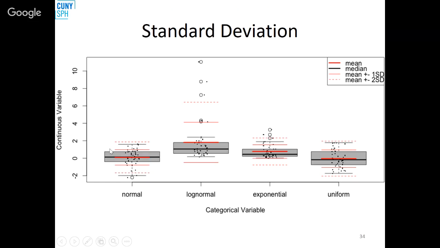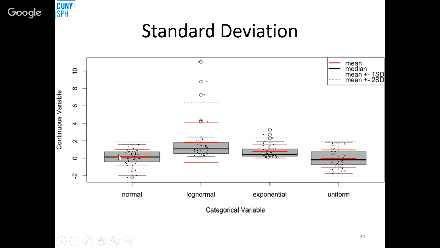To show this nice box plot again, I've added to it so the thick red lines are still the means, but I have added thin red lines at plus or minus 1 standard deviation and dashed lines at plus or minus 2 standard deviations.